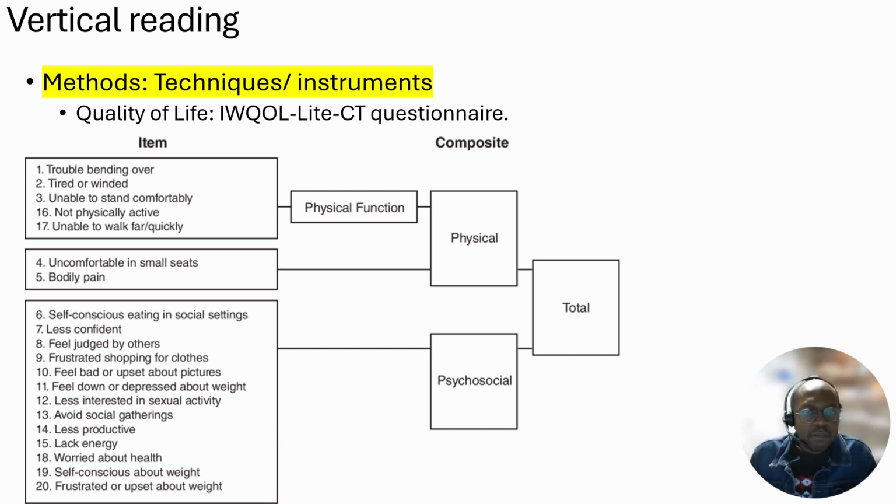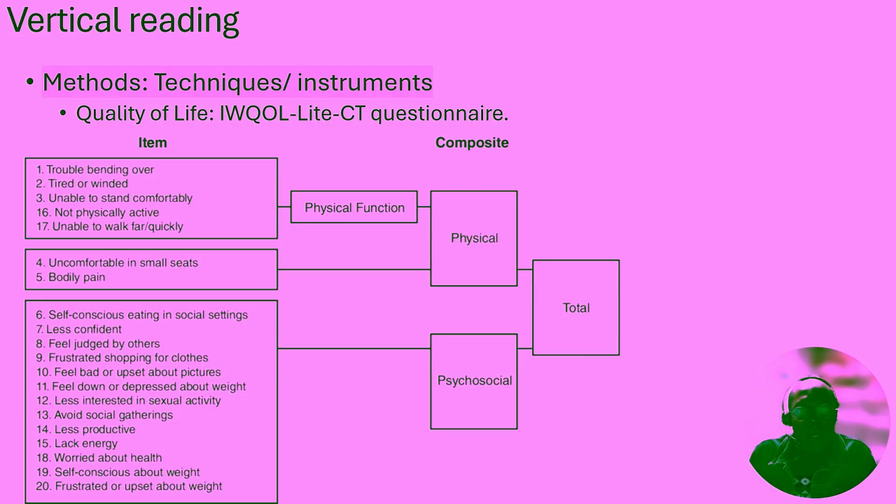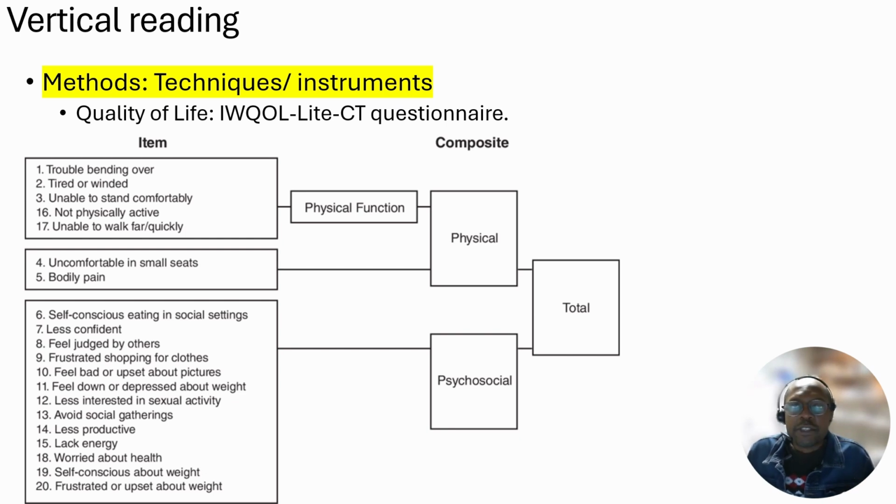If I sum that up, it gives me a composite score for a construct called physical function, how well the person is functioning physically. There's another construct for physical, which includes not just your active things, but even whether you have body pain. And then there's another measure for psychosocial, which are these questions. So there is a composite score for physical, one for psychosocial, and one for total.